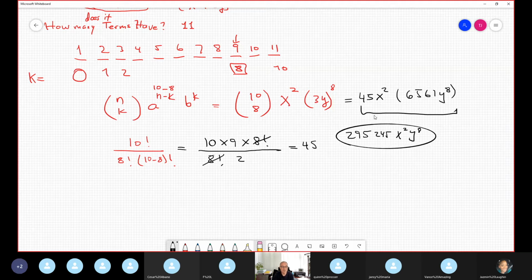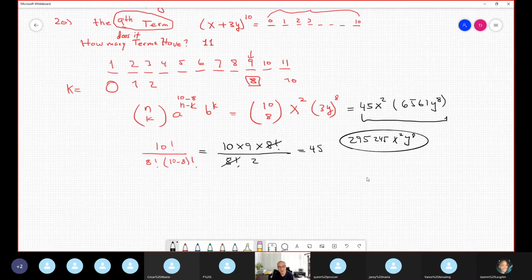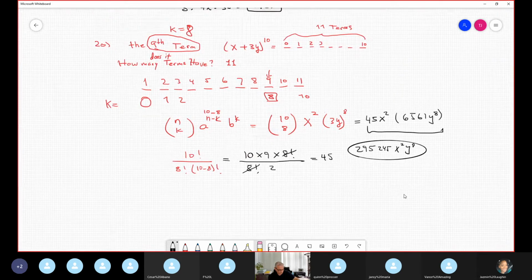So the tricky part is the number, because normally you count from 1. However, Newton formula no. Count from 0. So, the number of k is equal to the number of the position minus 1. That's it. No big deal. Any question?